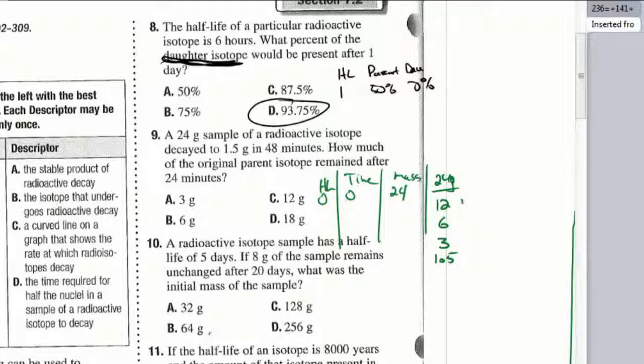So that's 1 half-life, 2 half-lives, 3 half-lives, 4 half-lives. I don't know how much time is passing, but I know I've gone from 24 to 12 to 6 to 3 and then to 1.5. And then it tells me 1.5 grams is 48 minutes.